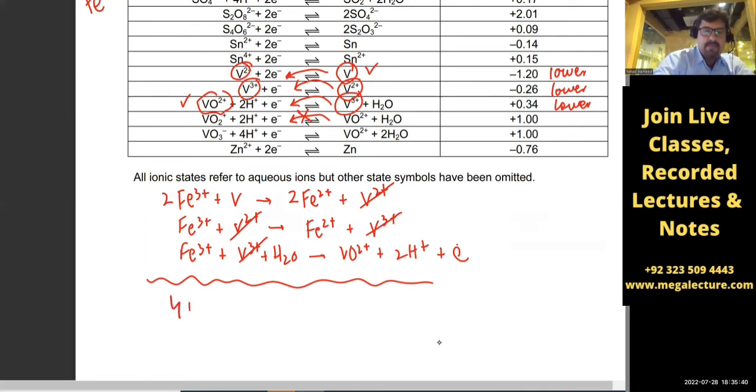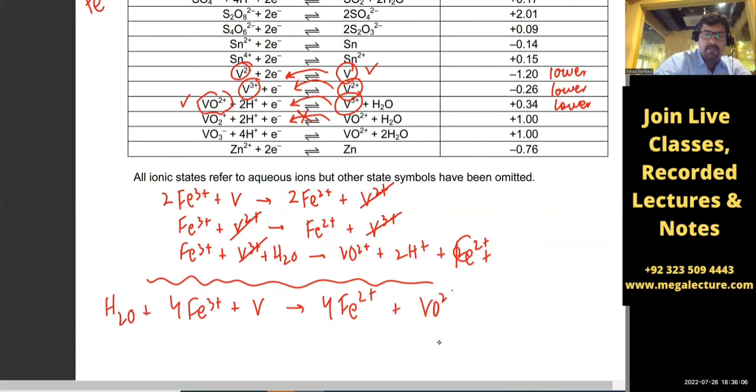So it's going to be 4 Fe3 plus, just 1 vanadium, and on the other side, I just saw Fe2 plus there, so it's going to be 4 Fe2 plus, and there's water as well on the left side, and over here I've got VO2 plus and 2H plus. So this is the whole reaction formed in the end.